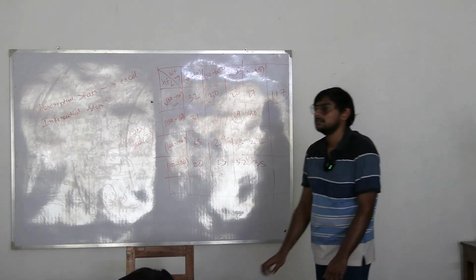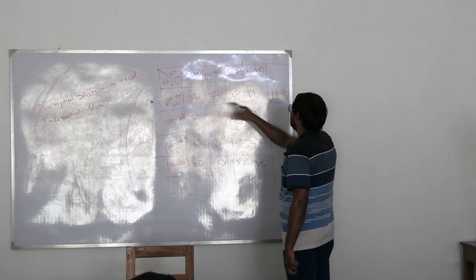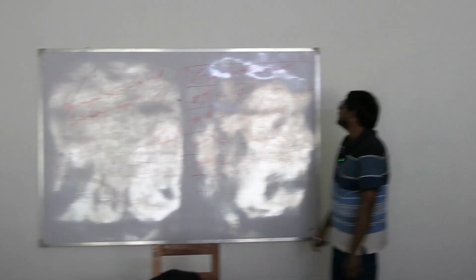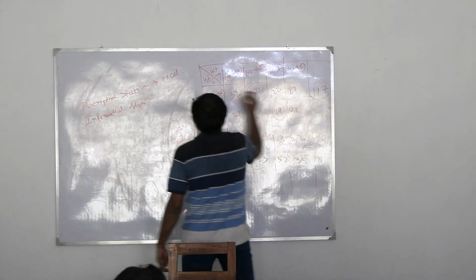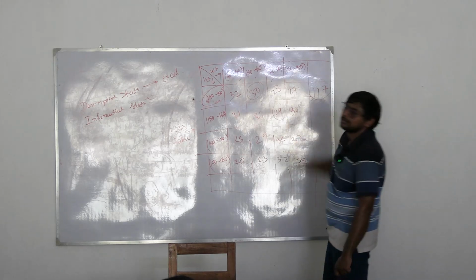I told you it's the sum. I just added these 4 and got this. What does that signify? It signifies that 117 people have their height between 140 to 150 centimeters, irrespective of their weight. Correct?